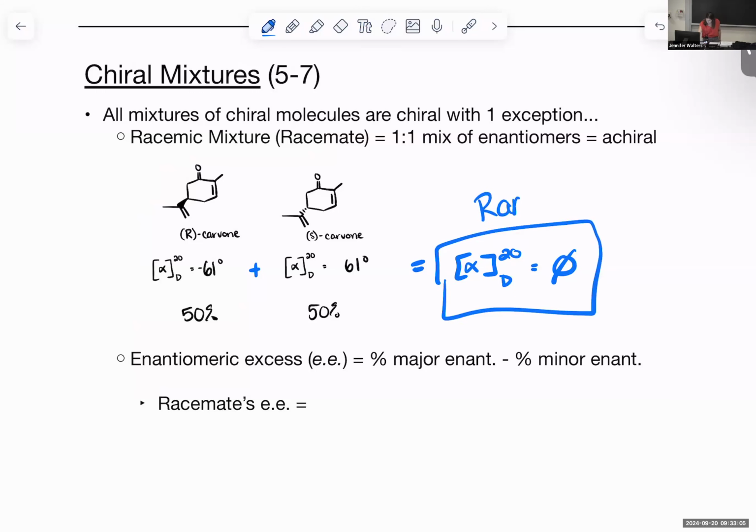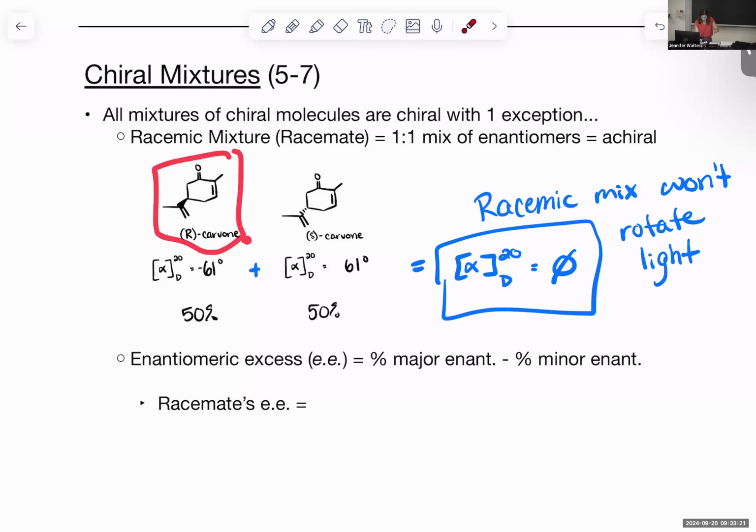Your racemic mixture won't rotate light. If I put just one of the molecules in, if I put just R carvone in, I get the -61. I see rotation. The second that I add that S carvone, now it is 61 clockwise, 61 counterclockwise. They cancel out. To be that racemic mixture, I see none.